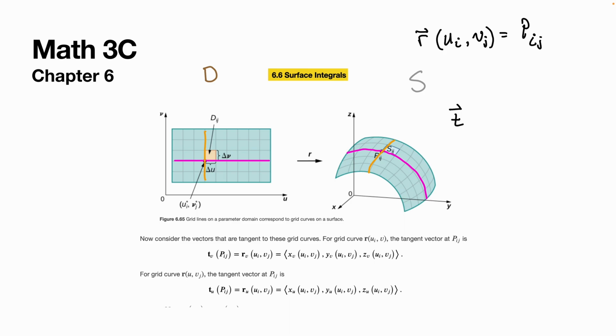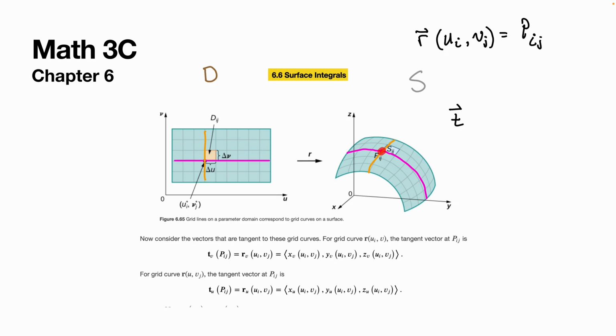T for tangent. And if we follow, let's go back to this grid line where the v is held constant and we're changing u's. So if we follow inputs along the horizontal grid line, then on the image side, we'd be following points along this grid curve.